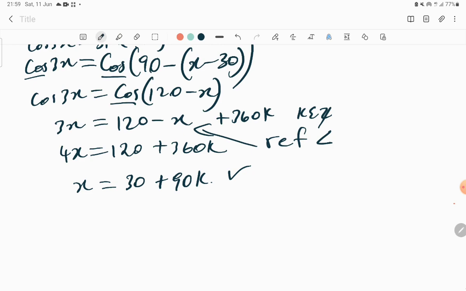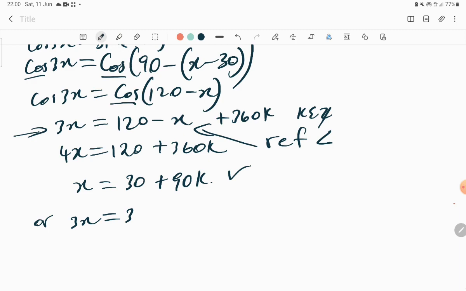Then continuing to find the second general solution. The second general solution for cos is where cos is also positive. So we can just say our reference angle, which is 3x is equal to, then we get into the fourth quadrant, that we are going to say 360, because we are dealing with cos.